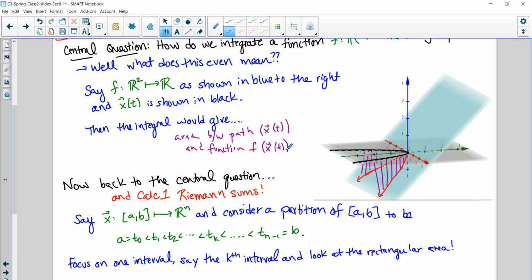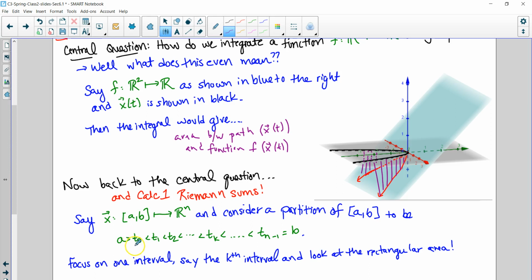To do this, we're going to go back and remember our old friend Riemann sums, the building blocks of an integral. If you remember, what we ended up doing is taking our interval, or the domain of our function, and making a partition of it.